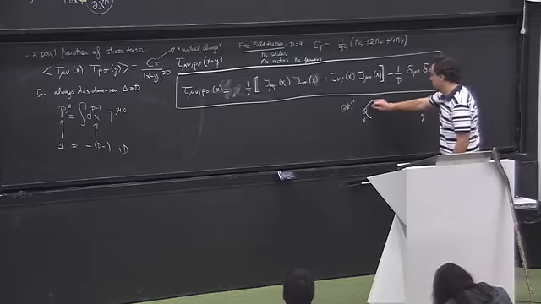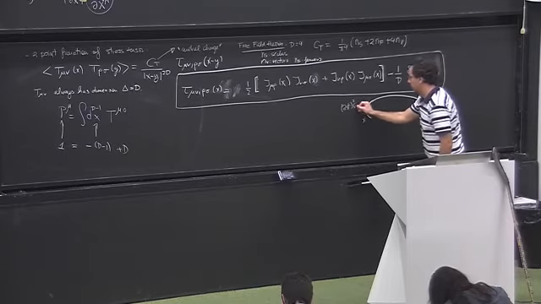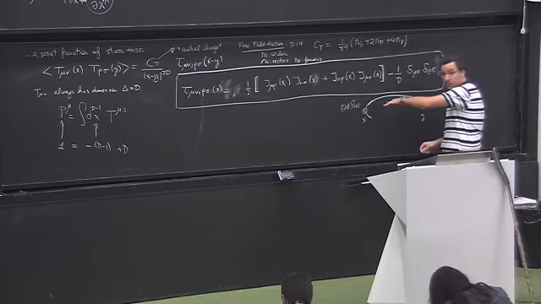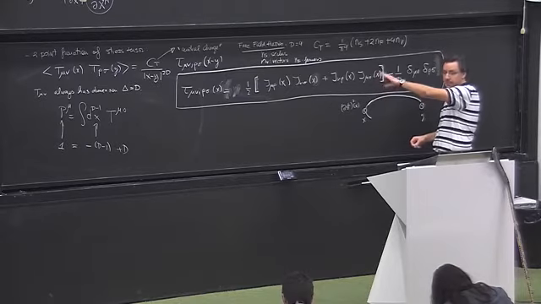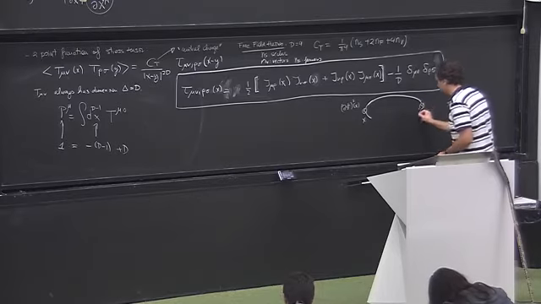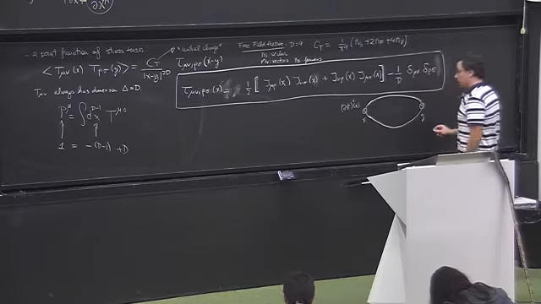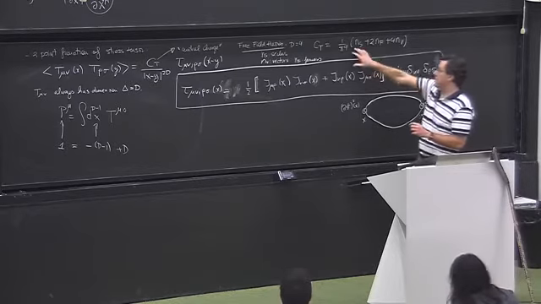So what you would have to do is compute the contraction of d phi squared at x. There are, of course, more terms, because the stress tensor has a piece that has d mu phi, d nu phi, and then one with eta. But you have to do some combinatorics. And then you contract this with d phi squared at y. And by doing this carefully, you should get these numbers.